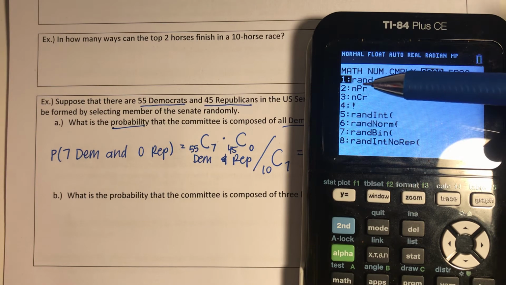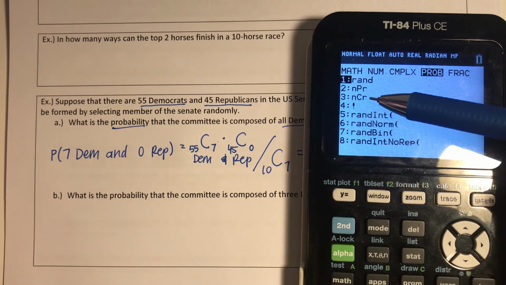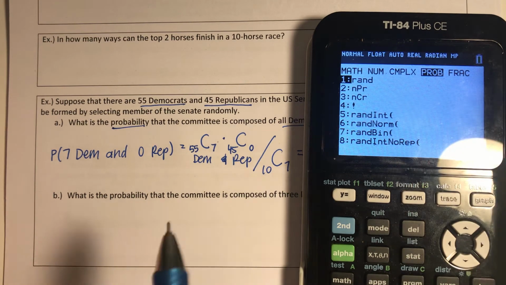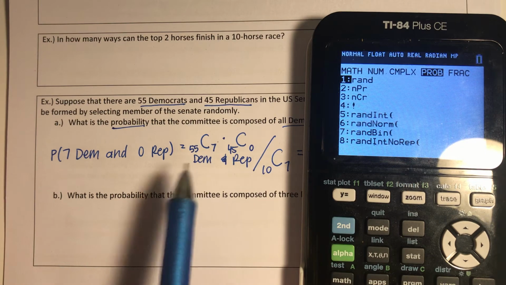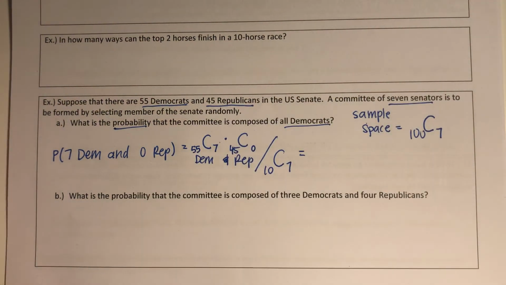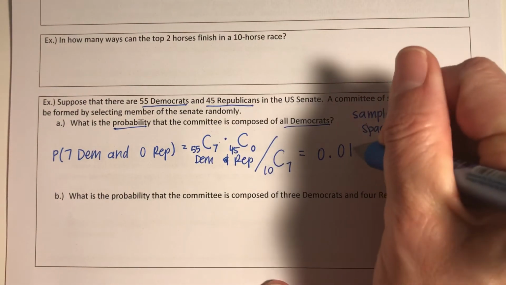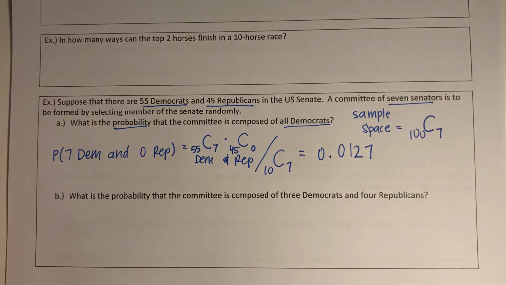And so you can go ahead and try to practice this. You would have to type in the number first, followed by this value right here, nCr, and then you would have to type in 7. You get a value. And then going through this, see if you can get the answer of 0.0127. So now let's read the next one and try that.